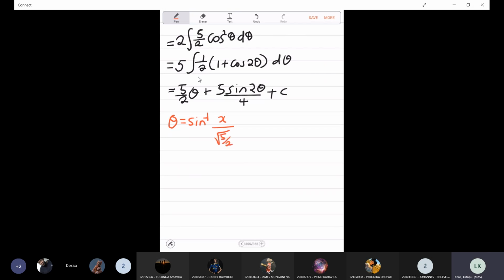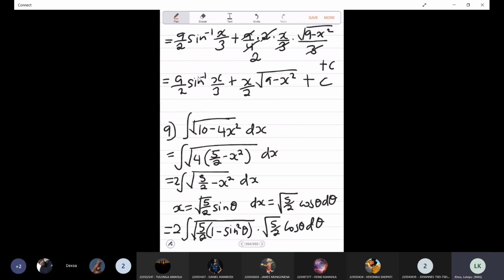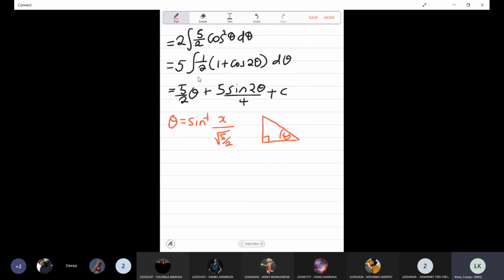And then our right angle triangle. So put theta over there. We say that sine theta is x over that. So the opposite is here.